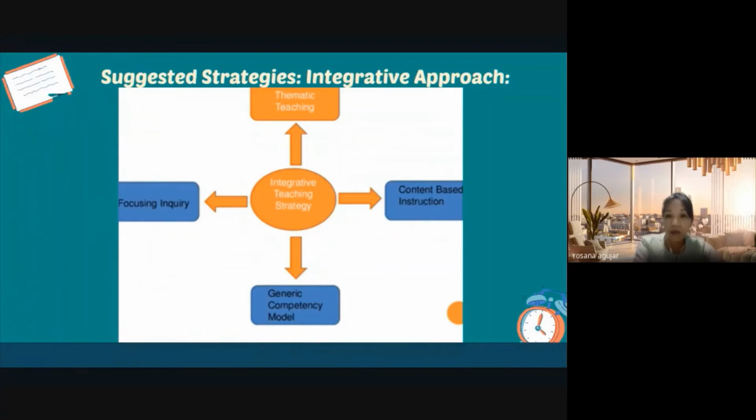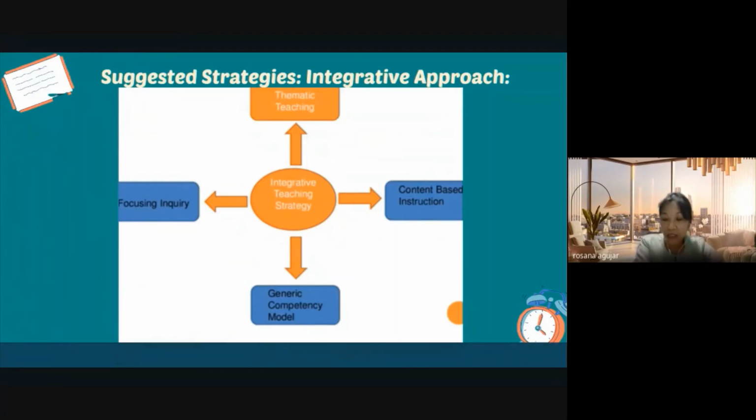The next one is the content-based instruction. For example, the integration of TLE to science, to math, to MAPE, classroom observation. The number one objective is the integration of content within or across curriculum.